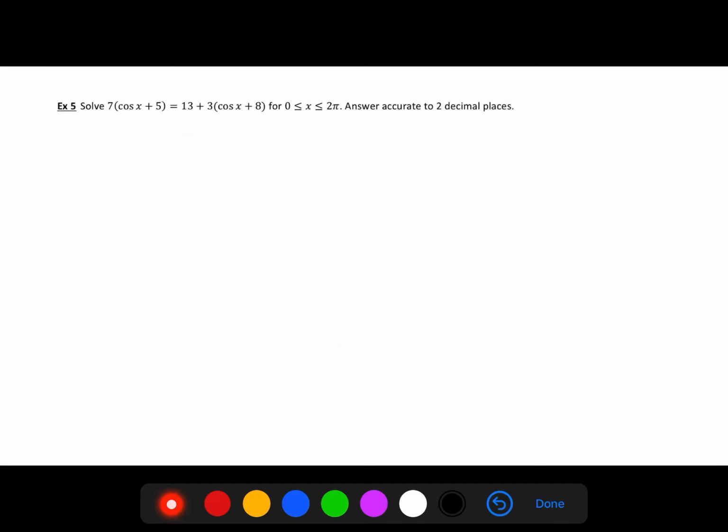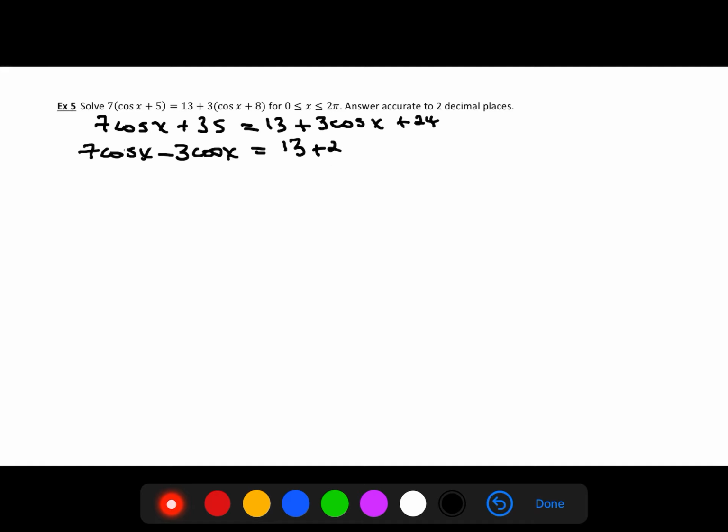Second one, again, first thing we're going to do is isolate cos x so that we know what the ratio is. First thing we're going to do is multiply out to get rid of our brackets. Remember, multiplication comes before adding, so we're going to get rid of our brackets first. Then we're going to collect like terms, just like we do any solving equations question.